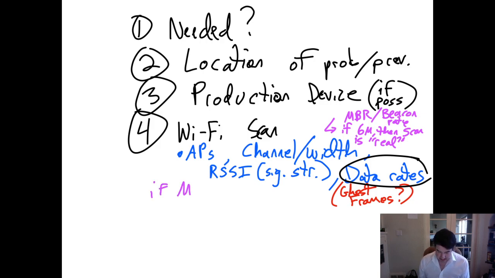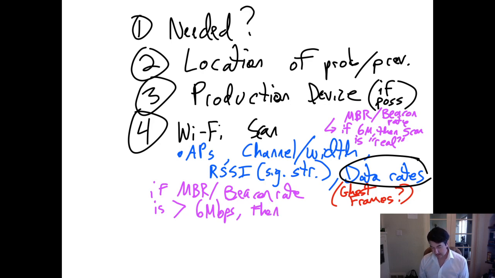If the minimum basic rate or the beacon rate is greater than 6 megabits per second, then you might have interference even if you can't see it.